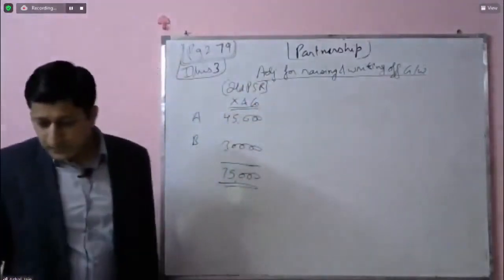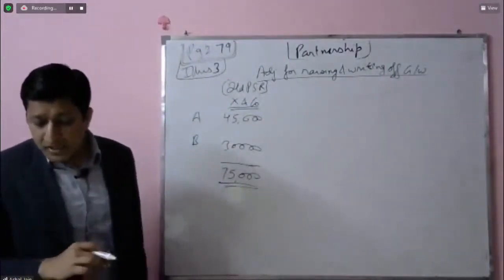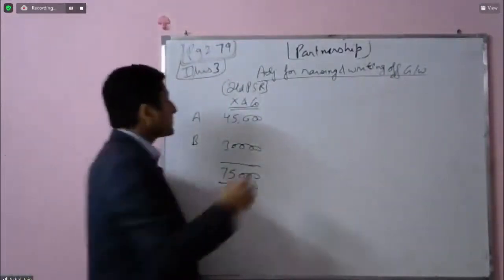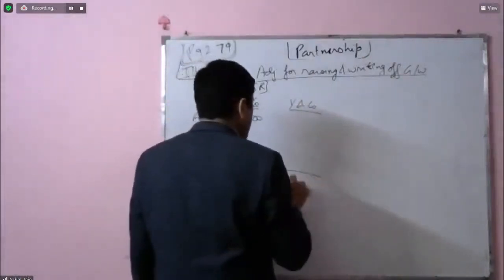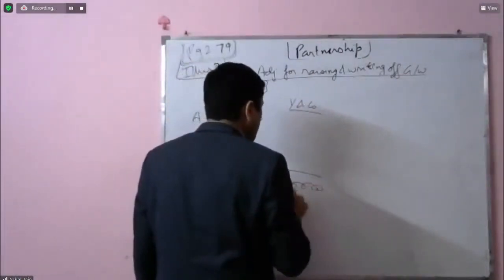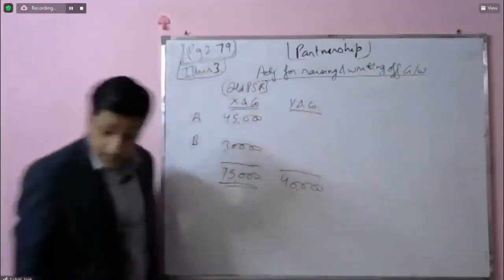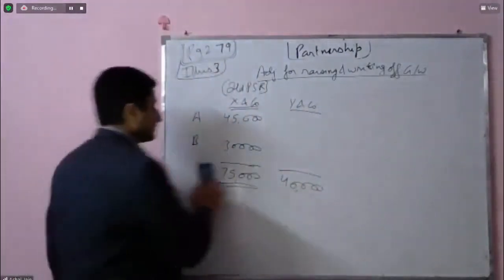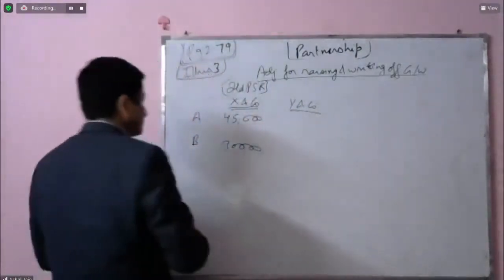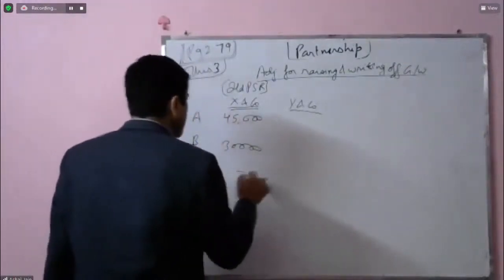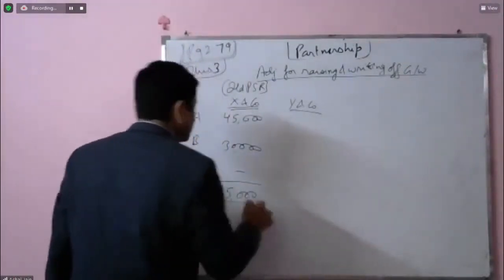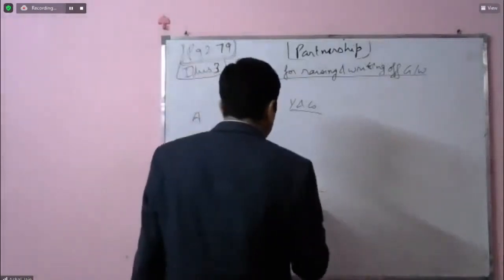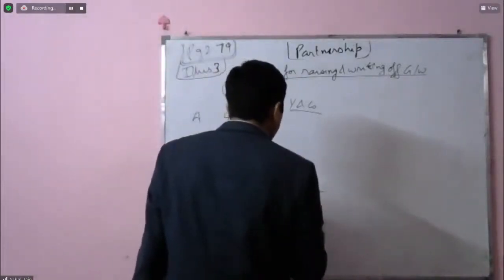Number 1. For Y and company, what's the amount? 40,000. Oh, sorry, I'll have to bring in another partner. I'll bring in C over here only. So this will be 40,000.